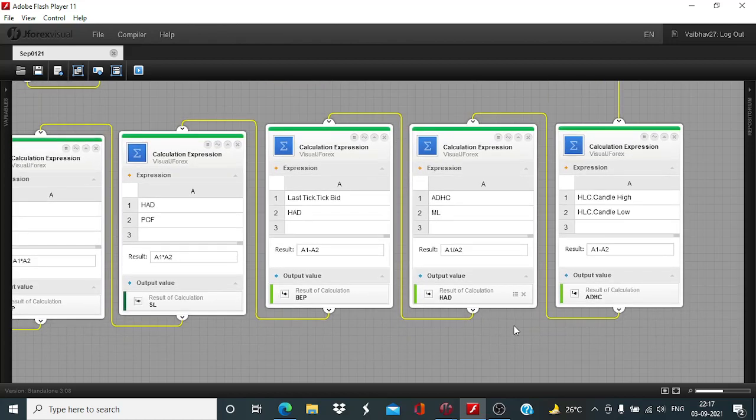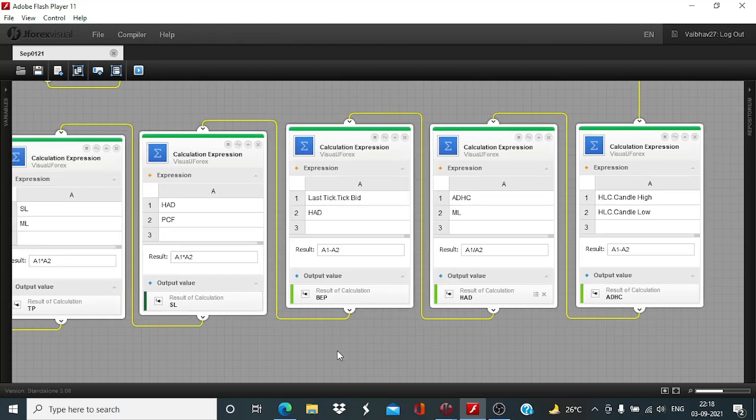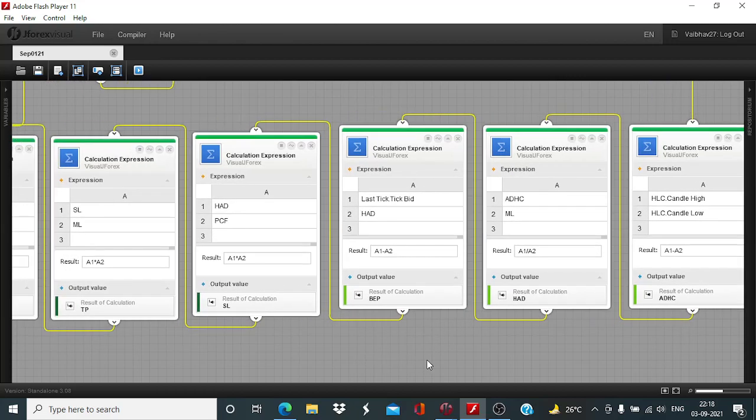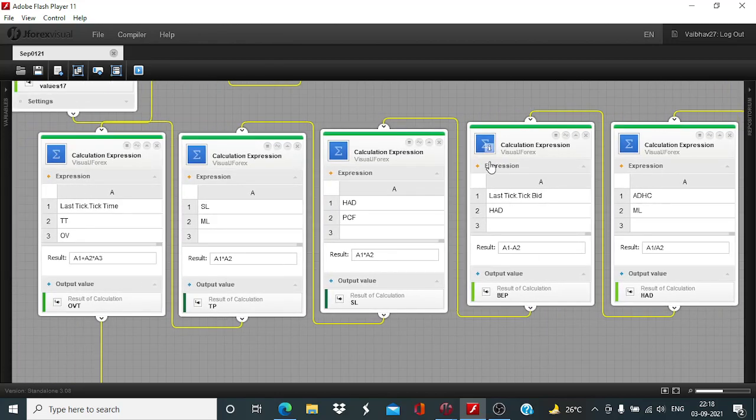In the last session, we had also carried out these calculations where the difference between the highest and the lowest over the last 4 hours is being calculated, and then afterwards it has been multiplied by 1.5 to get the half value of the actual difference, and then that value has been used to place the order. We are deducting that difference from the last tick price for the buy trade, and for the sell trade we will have to add the same difference to the last tick ask.